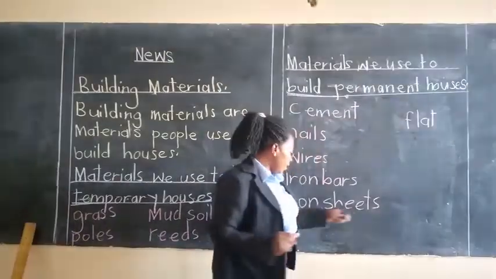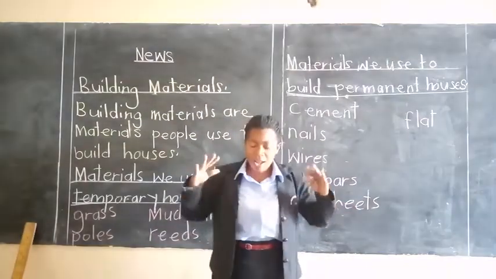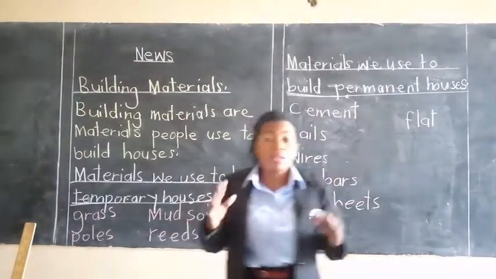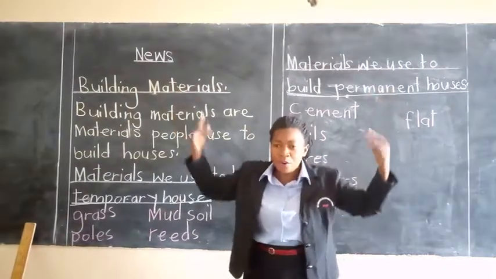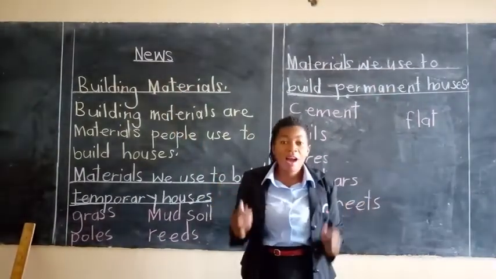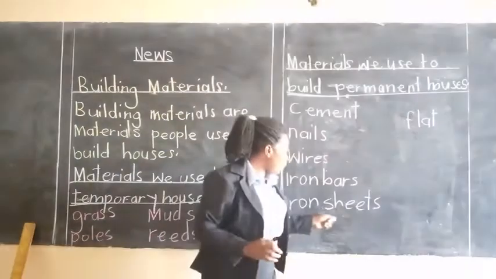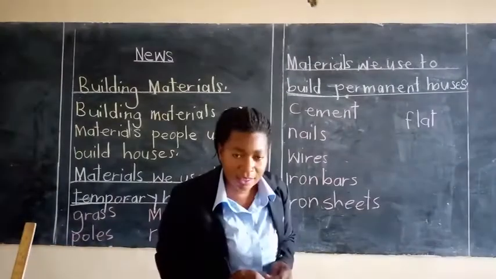If you don't put them on the house, and strong wind or rain comes, all the water from the rain will come and meet you in the place where you are. That's why when people are building houses, they put iron sheets.